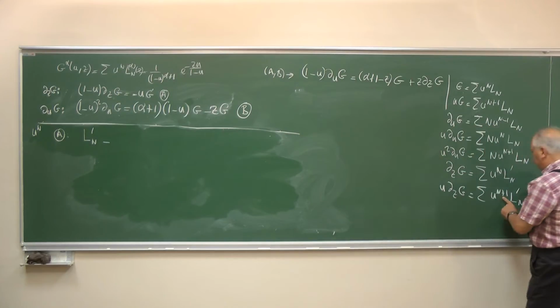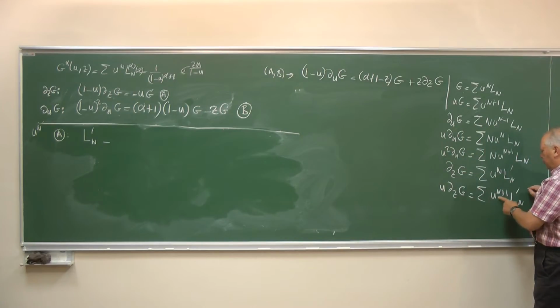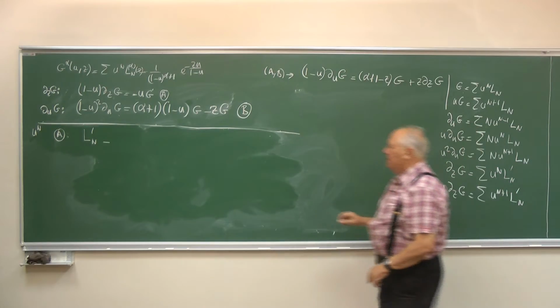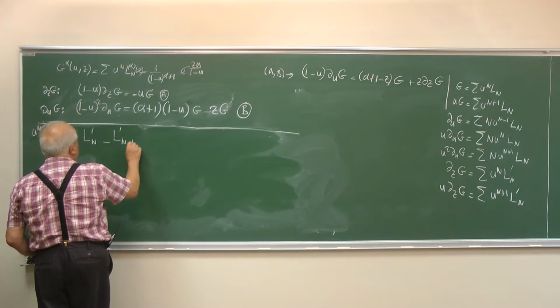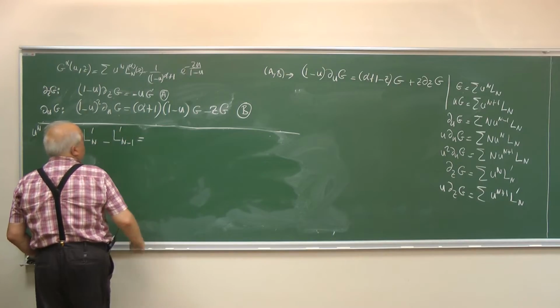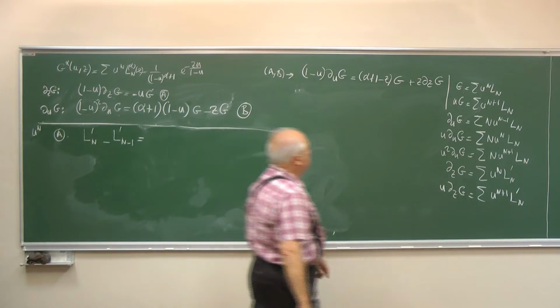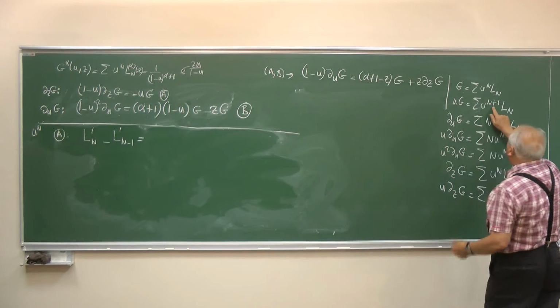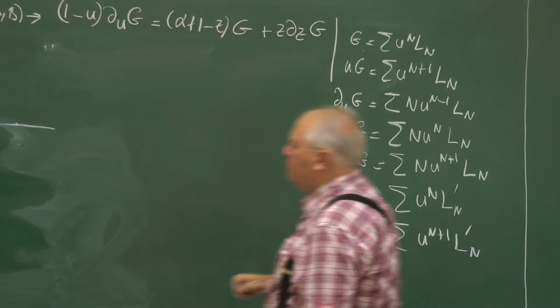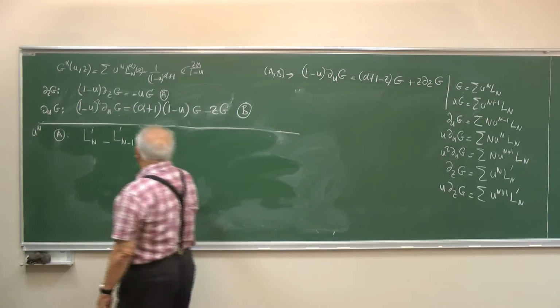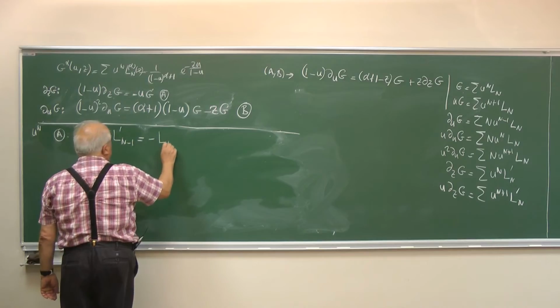u, but this has u^(n+1). I am looking for the coefficient of u^n. So reduce this n by 1 to n minus 1. Minus L prime n minus 1 equals minus uG. uG is here. Again, reduce n by 1 to get u^n. So that's L_(n-1) minus L_(n-1).